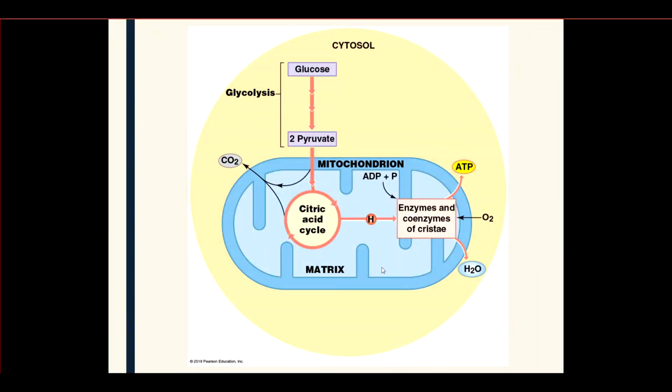And this is just a little bit advanced, but just to kind of give you an idea, guys, if we had glucose, it would go through a series of 10 chemical reactions over here to become 2 pyruvate molecules, right? So we're splitting glucose into 2 pyruvate. That goes into the mitochondria, and then it goes through a series of chemical reactions known as the citric acid cycle. Right? You may have learned it as the Krebs cycle. You may have heard it as that. And then it'll go through something known as the electron transport chain and oxidative phosphorylation.